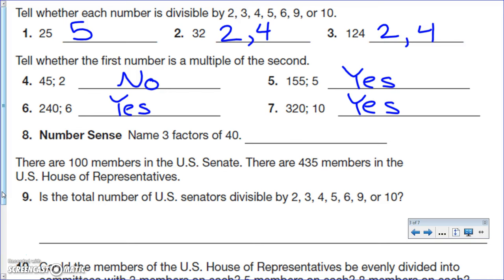So we know some of the factors of 40 include 1 and 40, 2 and 20, 4 and 10, 5 and 8, and at that point we know it's not divisible by 6 or by 7, so we have all the factors. You need to write down at least 3 of them.